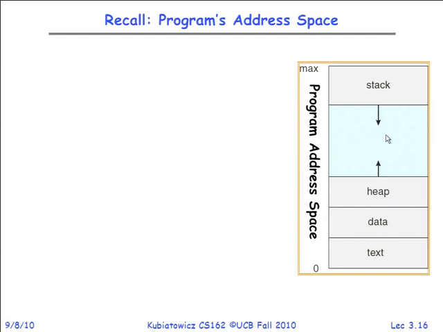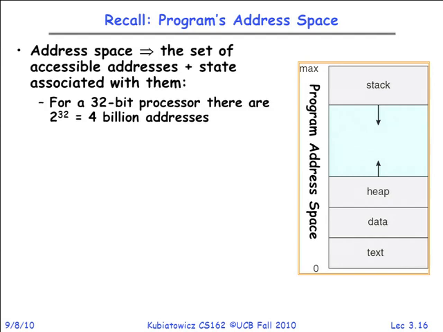The address space is the set of all accessible addresses and the state associated with them. So places that are real and not holes actually have some data. When you read and write it, you'd like to get back the data you wrote recently. But maybe in this hole, when you read and write it, nothing obvious happens because there's no state associated with it. So those are two different types of things.